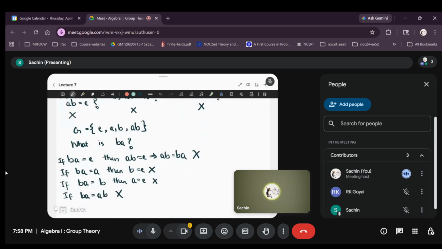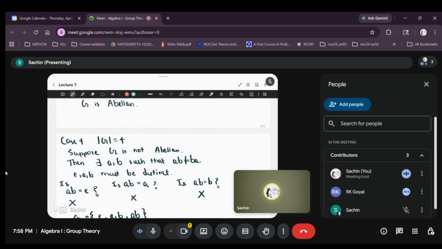So what is the conclusion? That was the initial assumption, right? We chose A and B such that BA is not equal to AB. So our assumption is incorrect. So there do not exist A and B such that AB is not equal to BA.